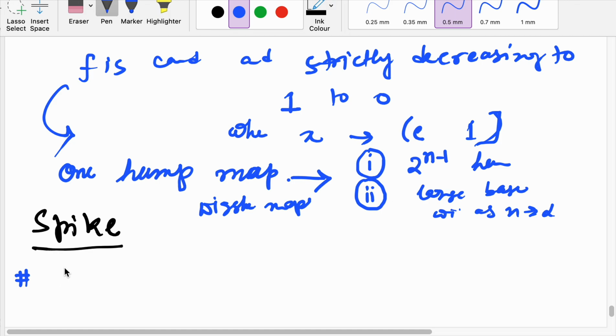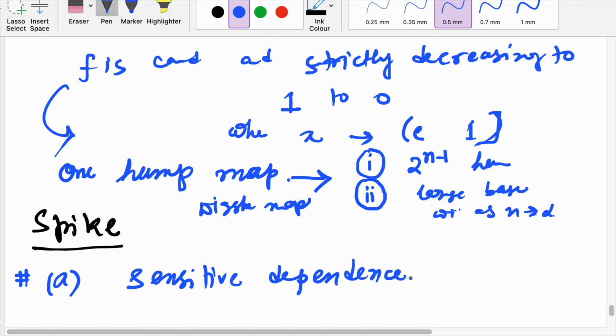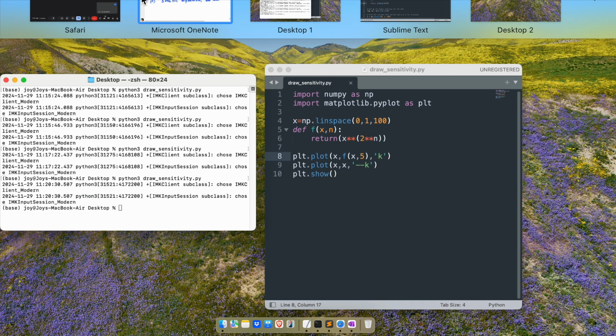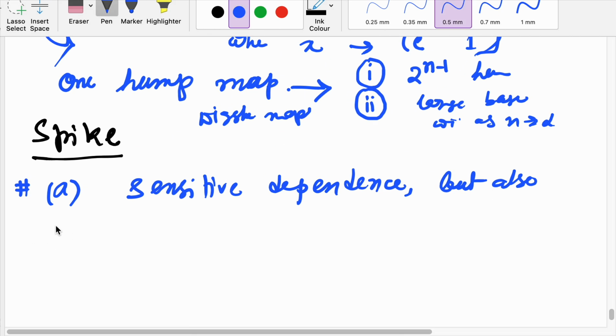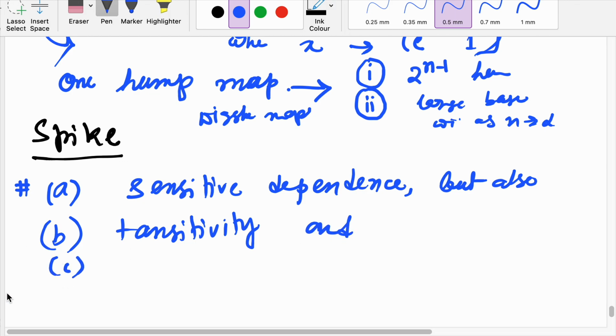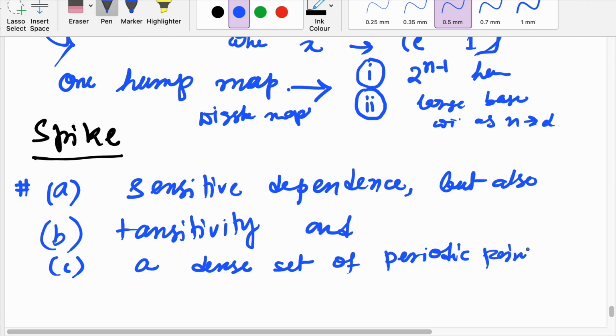So in this class we will prove not only the sensitive dependence but also that transitivity and a dense set of periodic points.